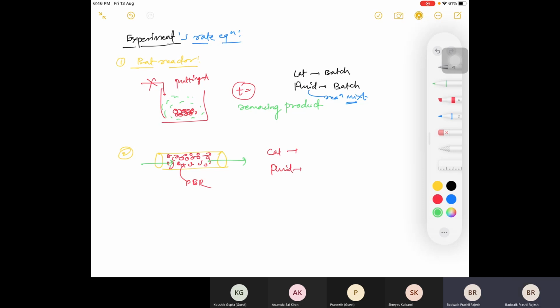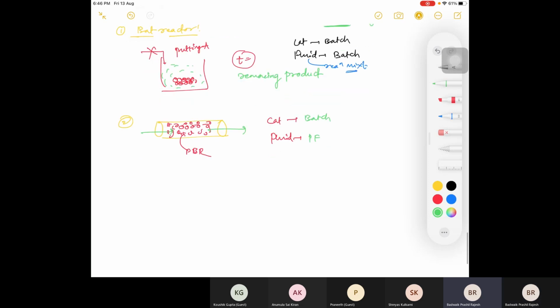Means you need to tell the contacting pattern. Here you can see catalyst is there in batch, I'm not replacing catalyst again and again. So catalyst is batch and fluid is plug flow contact. Clear?